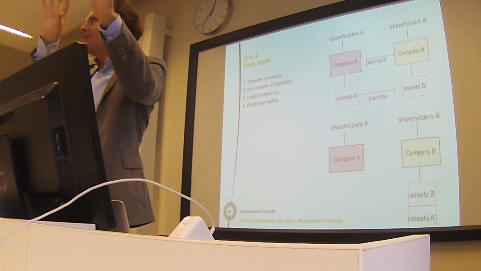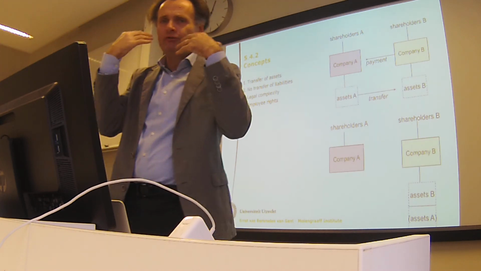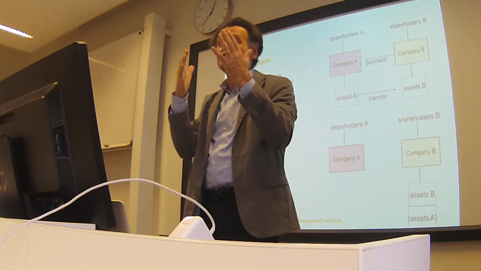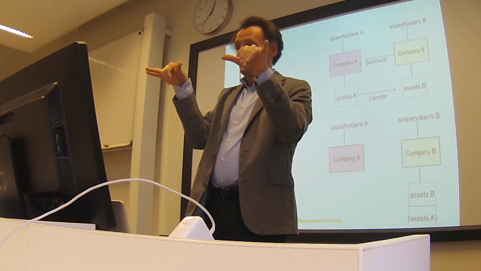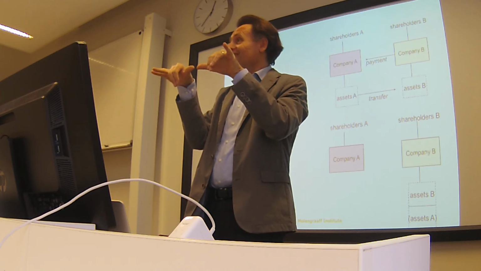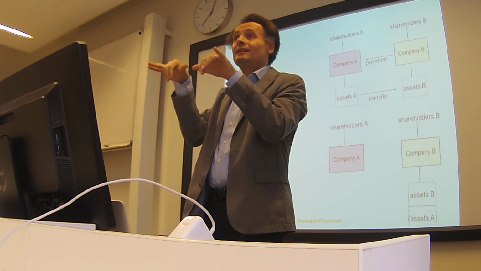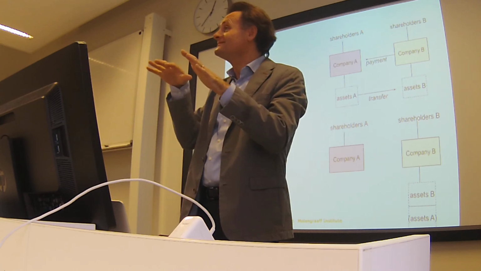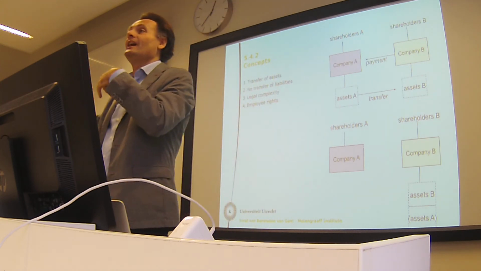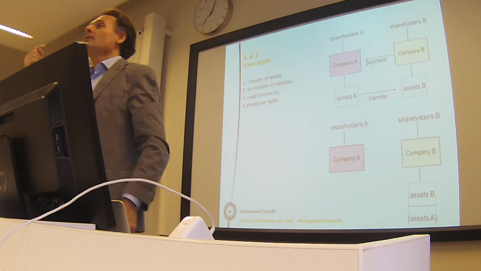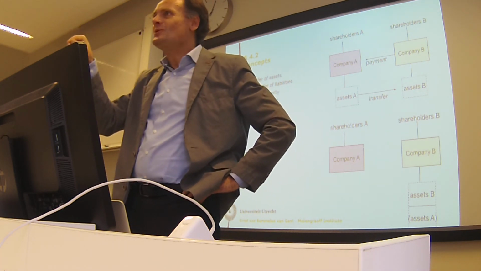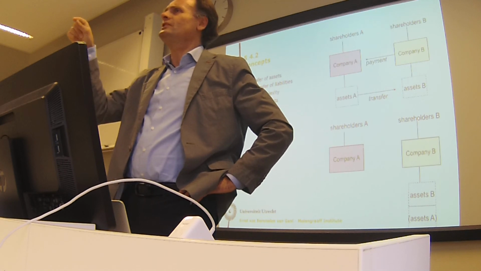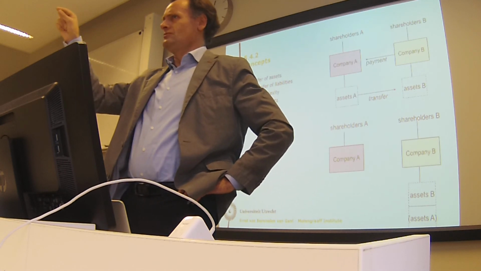So here you see that the moment you define certain definitions, asset deal, share deal, there's a gray zone in between. When do you move from the one to the other? Note, there is no correct answer to the gray zone. The correct answer is that you say, this is a gray zone.